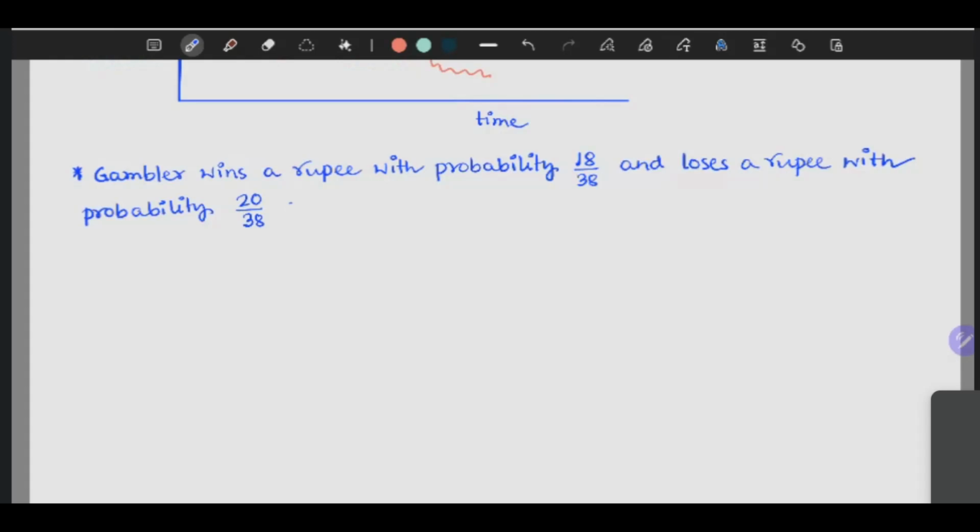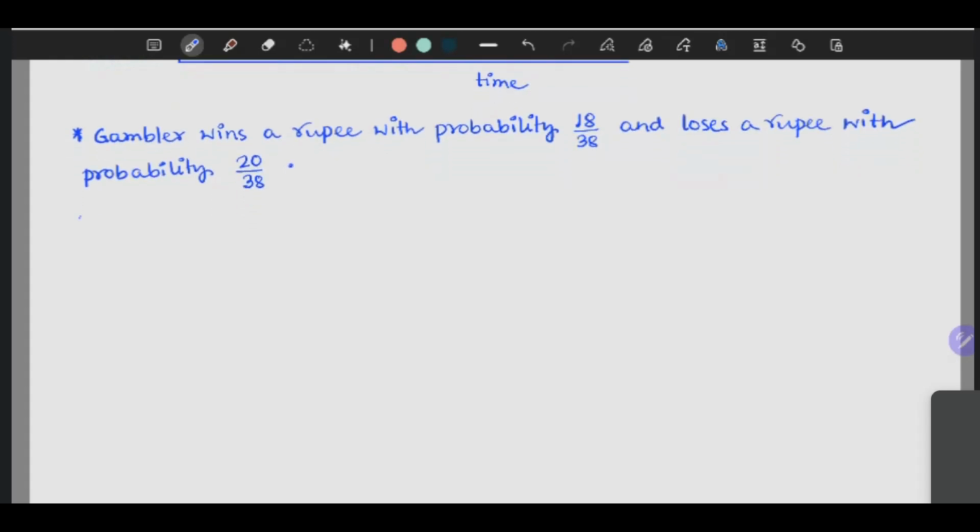So the expected return on each bet is 1 times 18 by 38 plus minus 1 times 20 by 38.